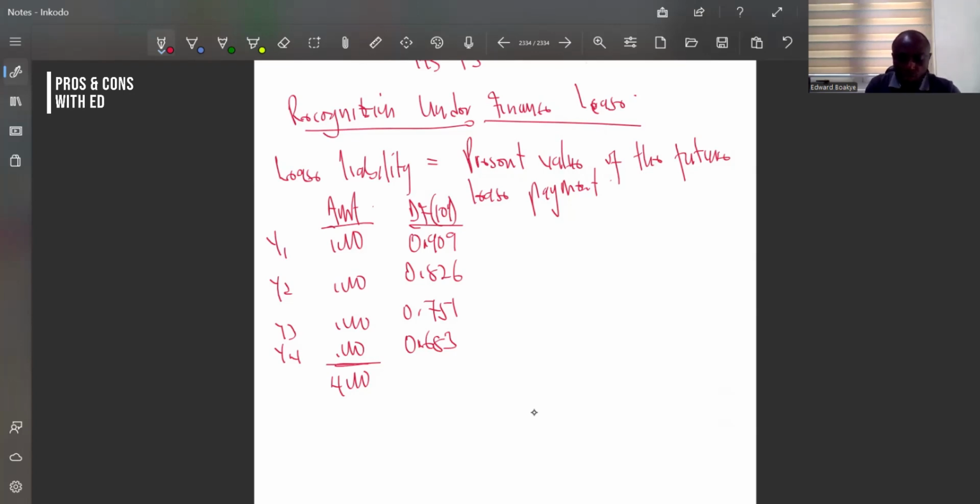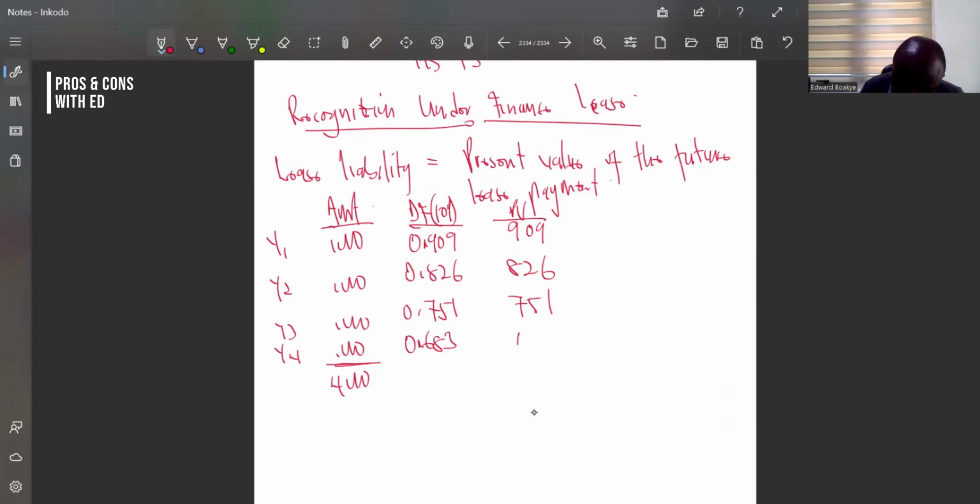So what is going to be our lease liability? 1,000 times 0.909 gives us 909. This is the present value. Then 1,000 times 0.826 gives us 826, and 1,000 times 0.751 gives us 751.